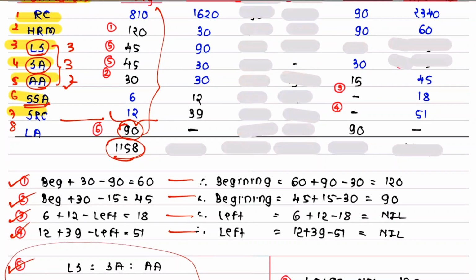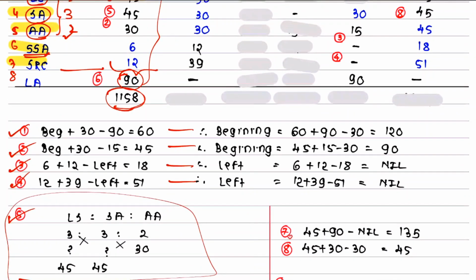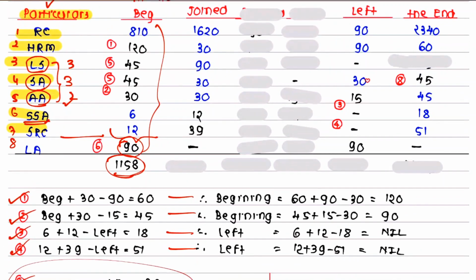Okay, one second, we can do it like this, see how much it will go. The fifth and 8th one done, this is 45 plus 30 because it is joined, minus 30. Understood? And if nothing is mentioned about this upper one, you will say there are no, if nothing is mentioned, then nobody is going to leave. So 45 plus 90, how much will it come to? 135. So 7 8 is done.